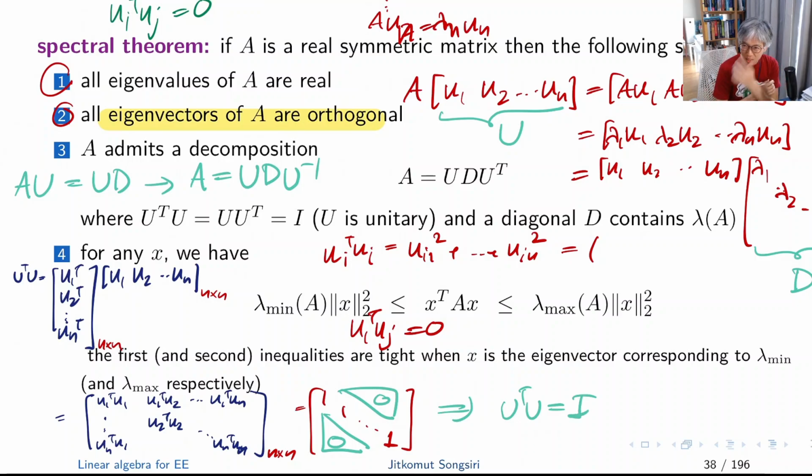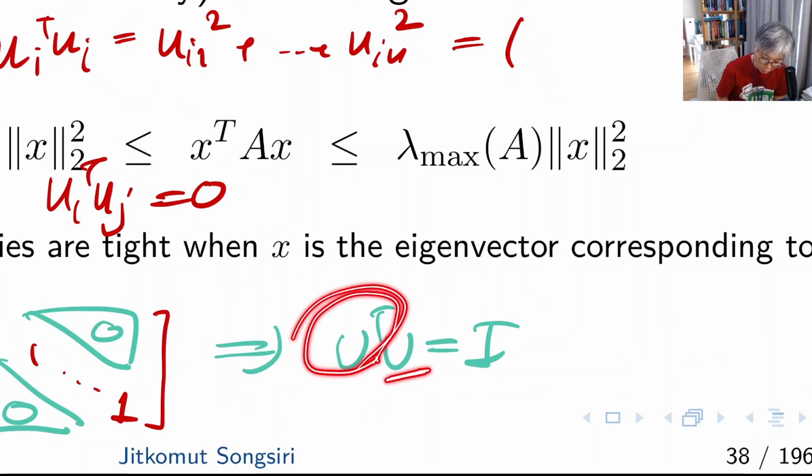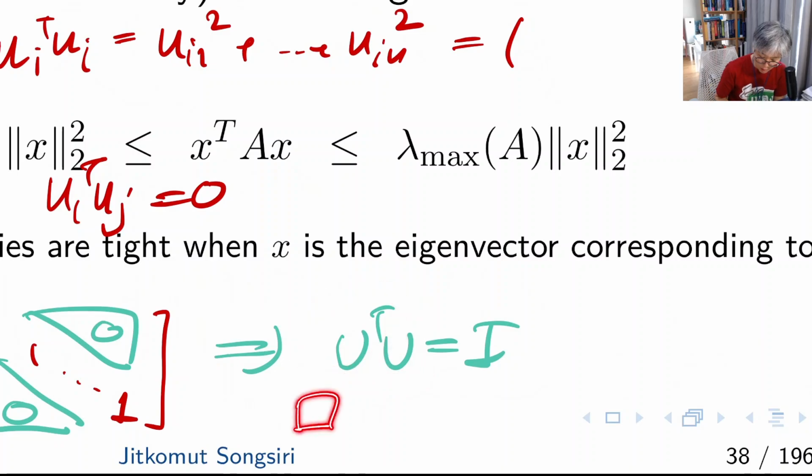For symmetric matrices this is nice. When U transpose U equals identity, you just found out that the inverse of U is U transpose. Because if you multiply something with a matrix and it gives you identity, that thing is your inverse. In this case, your eigenvector matrix is nice. The inverse is not hard at all. It's just the transpose.